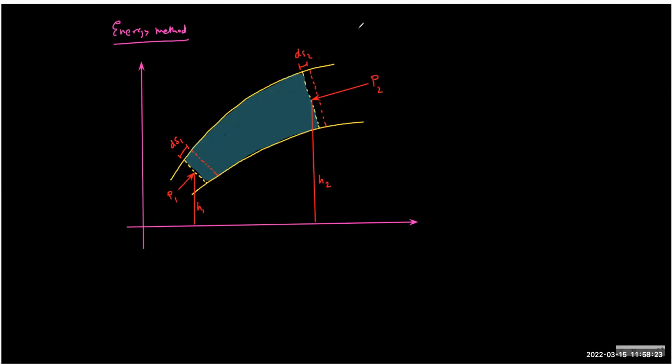But the conservation of volume says that for the first cross section area, let's call it A1, A1 ds1 must equal A2 ds2, right? We are just maintaining the volume. Whatever enters must exit, because the volume in the given shaded region cannot change.